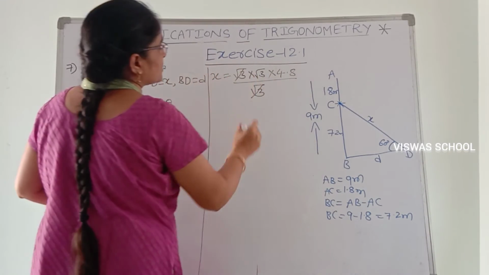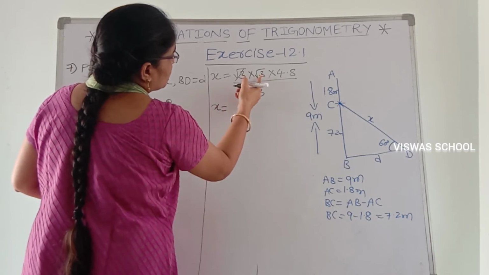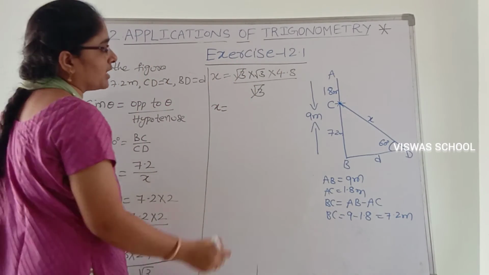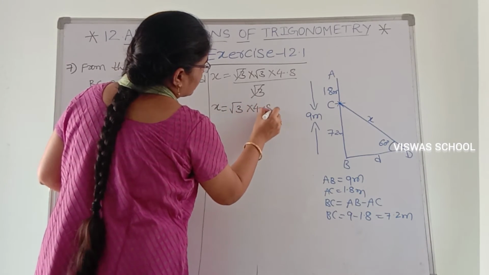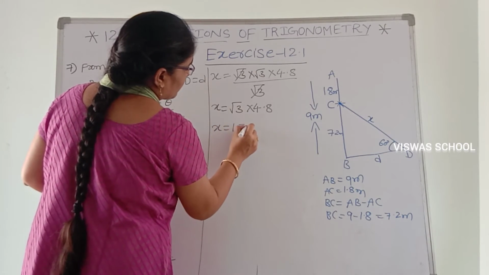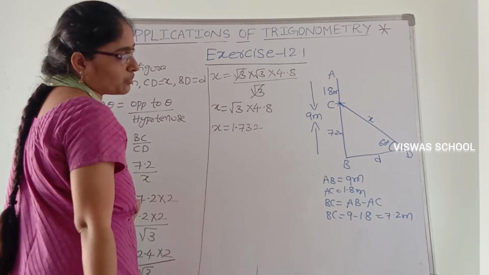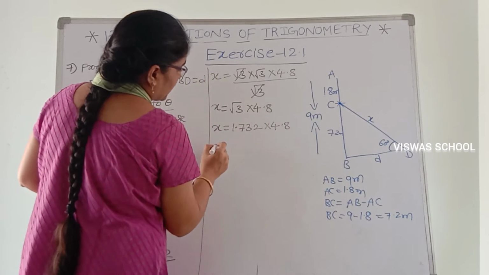Root 3 and root 3 cancel. Now x equals root 3 into 4.8. The root 3 value is 1.732, into 4.8.